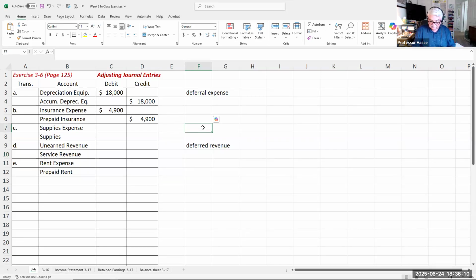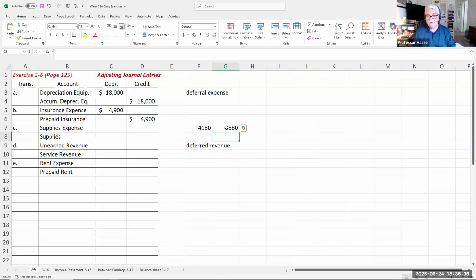So, arithmetic. We start out with $700 of supplies. We buy an additional $3,480 of supplies during the year. That gives us a $4,180 supplies balance. At the end of the year, they tell us that $300 of supplies are still available.